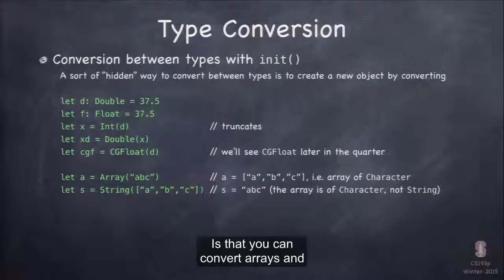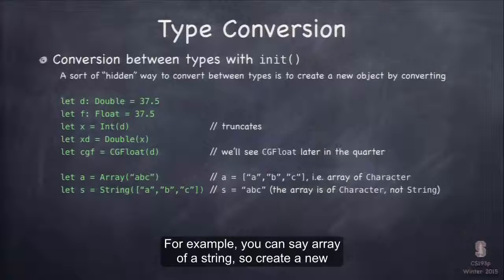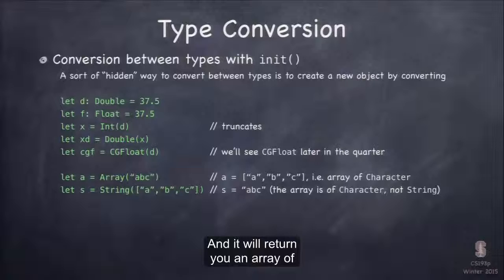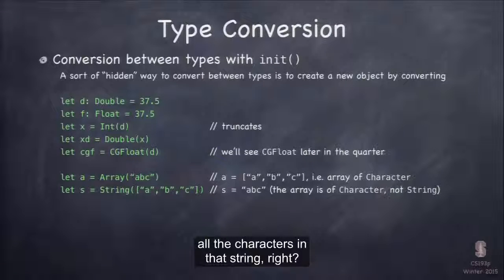But you also might be surprised, if you read the homework carefully or the reading assignment, you saw this, that you can convert arrays and strings using these initializers. For example, you can say Array of a string, so create a new array, and the initializer's argument is a string, and it will return you an array of all the Unicode characters in that string.